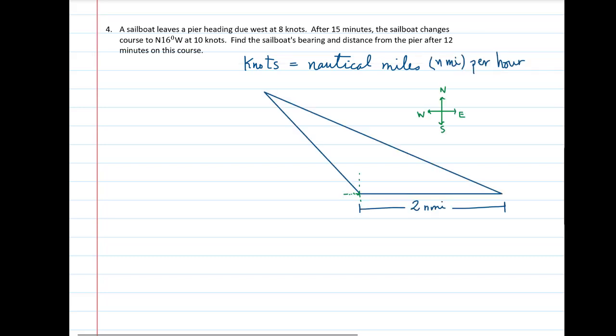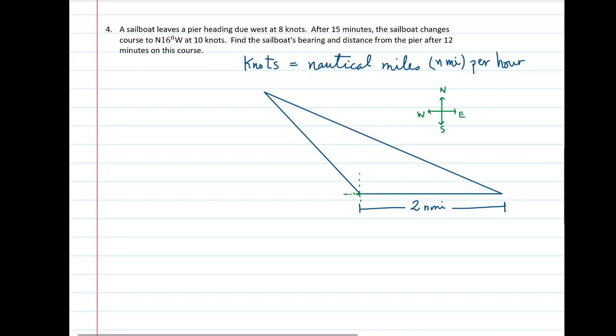Okay, so let's try to get the picture here. First of all, let's make sure everybody understands that knots stands for nautical miles per hour. So in other words, it's representing speed here, and we're going to get our distances from that. Okay guys, so here we have a rough sketch of what's going on.